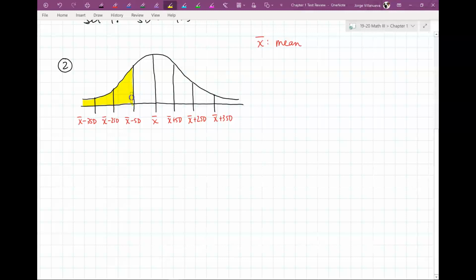I'm just going to color this in. Here's the question. What percent of the data is shaded? Remember, this is a normal distribution curve. Yes, this is a normal distribution curve.